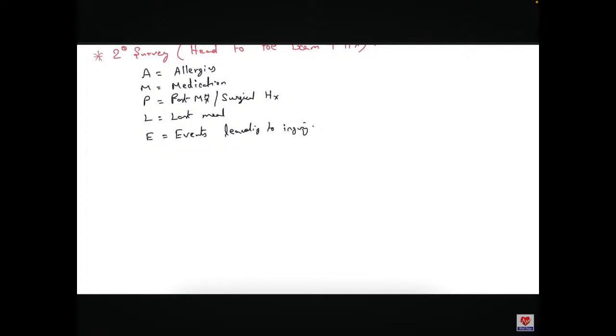Next we have to do the head to toe assessment. In detail, we have to take the head to toe assessment or exam.